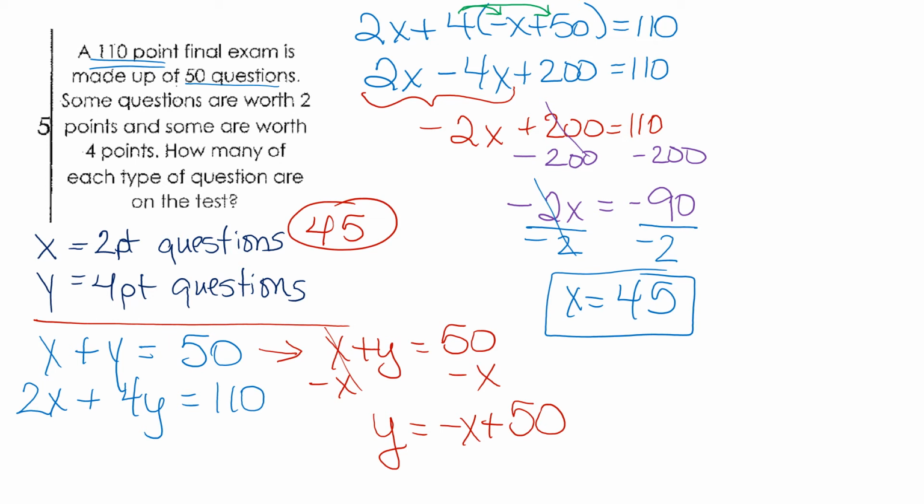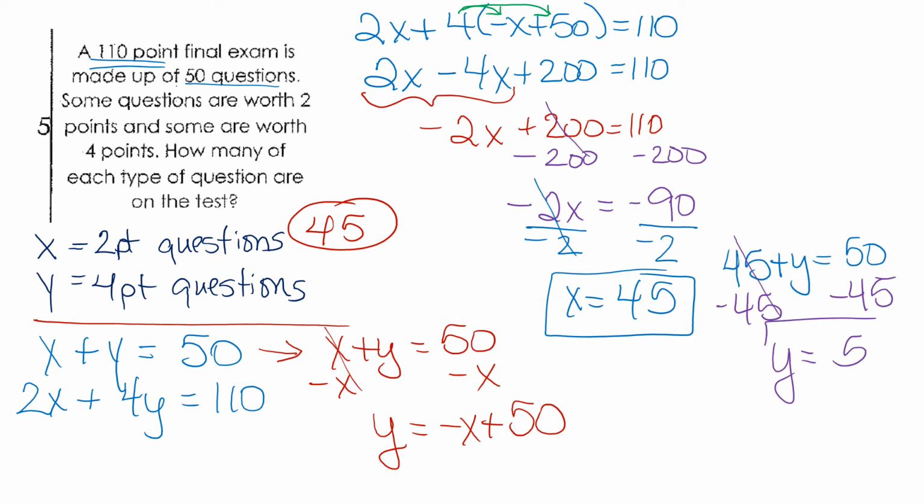You can pick either one. I'm going to pick the top one because it's the easiest. So we would have 45 plus y equals 50. Subtract 45 on both sides so that I can isolate that y, and y equals 5. So that lets you know that there are 5 4-point questions.